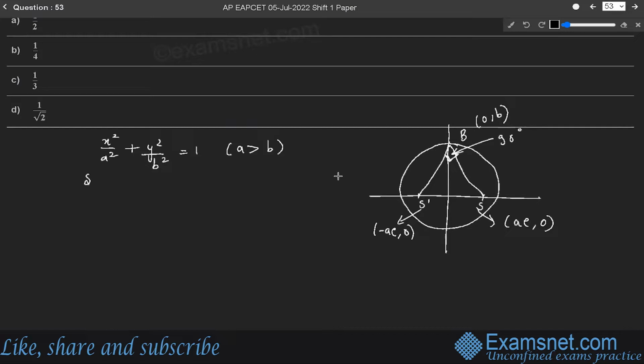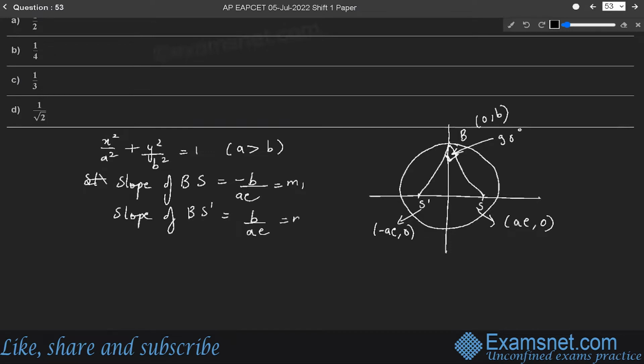Therefore, slope of BS will be equal to minus b upon AE, which is m1, and slope of BS dash will be equal to b upon AE, which is m2. Angle between BS and BS dash is 90 degree.